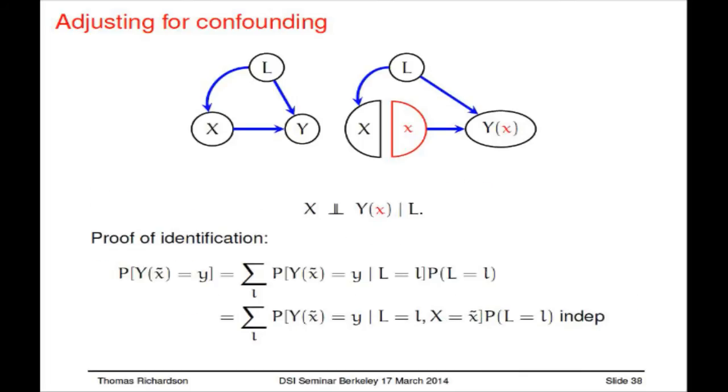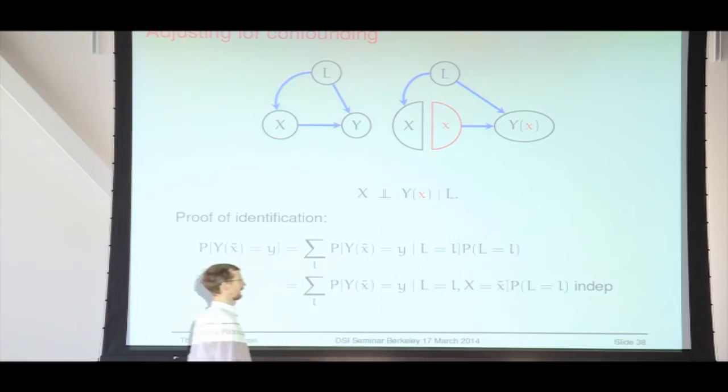We can see that this follows by just laws of probability: this is equal to this by law of total probability. And then by independence, I can condition on x, so I can condition on x equals x tilde here. And then by consistency, this is just equal to the distribution of y equals y, conditional on L equals L and x equals x tilde.